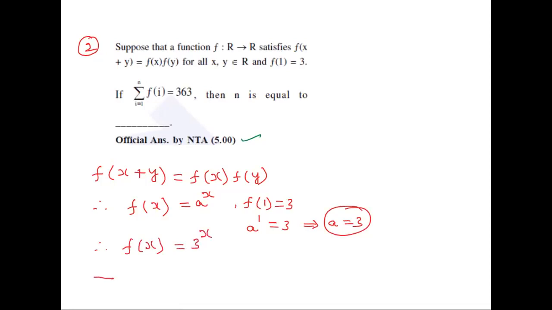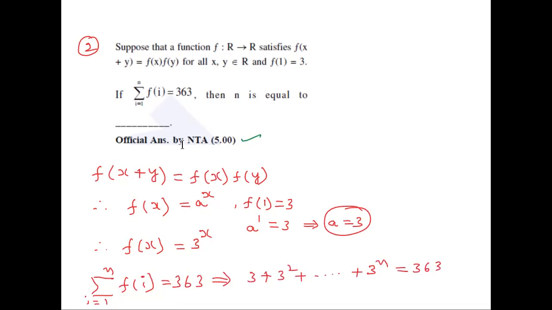But we need to find sigma i equal to 1 to n of f of i. That value is already given as 363. So we need to find the n value. F of i means 3 power i. Instead of i substitute 1, we get 3 power 1, 3 square, 3 cube, and so on, 3 power n, that is equal to 363.